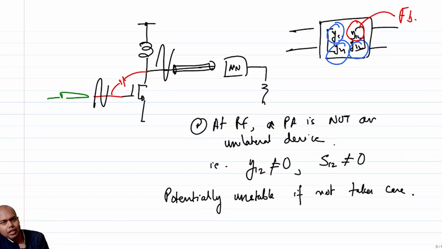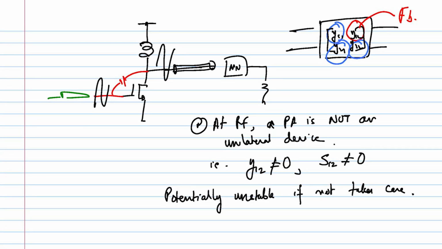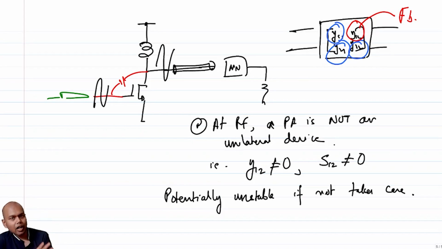Already you are struggling with getting 50% efficiency in a PA, and on top of that, if you use a cascode transistor to get stability, that becomes even more of a problem, right? So that's why in most high power PAs, you do not have a cascode transistor. Okay, these are some of the things that we should be looking out for.